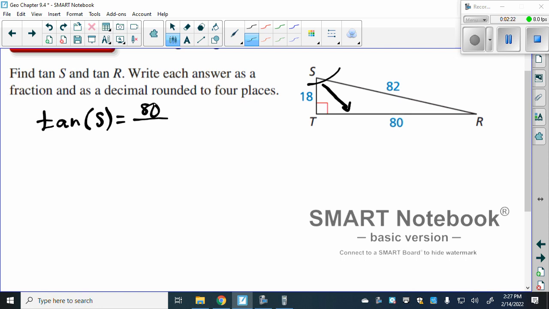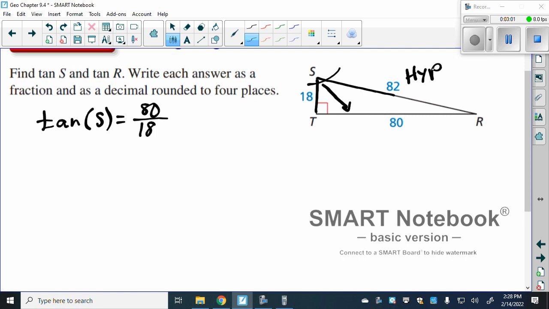If we look at angle S, the two sides that make up that angle are 18 and 82. So the side opposite is the one farthest away from it. And the adjacent side is the one next to it, so 18. Why isn't 82 adjacent or opposite? It's the hypotenuse, because it's opposite the right angle. Also, it is the longest side.